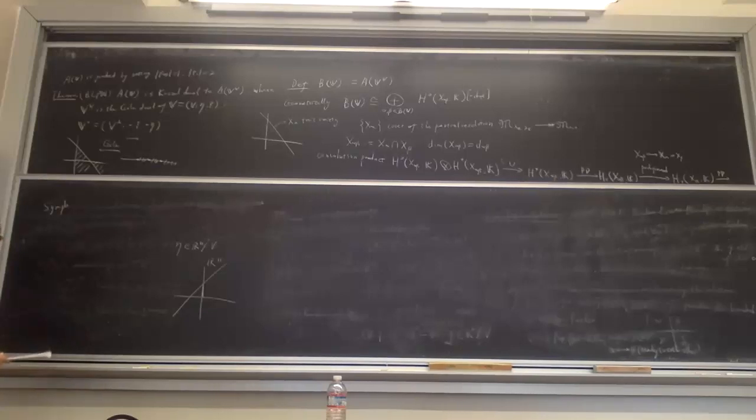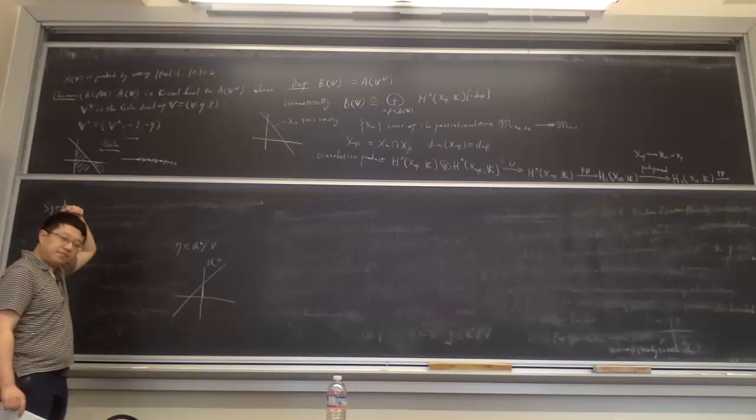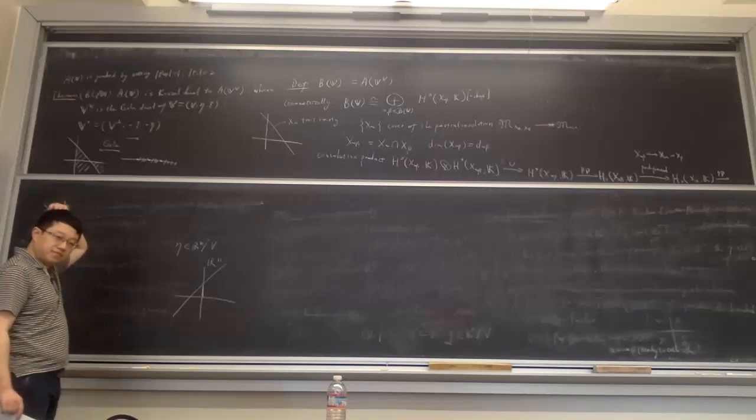So you start with the hyperplane, you have these coordinate hyperplanes. You project by the quotient by the vector subspace, and then you have the image.